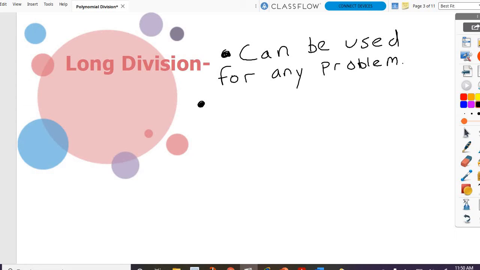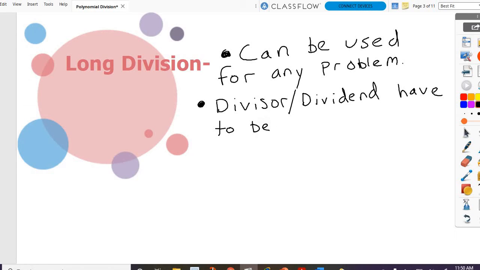Alright, so when I'm doing division, what order do we have to make sure our stuff is in? So if we had 2x plus x squared plus 1, are we good with that?